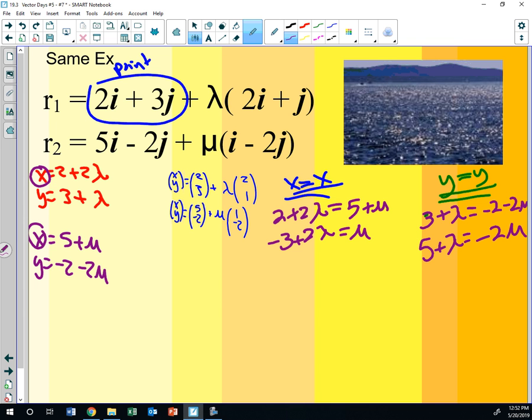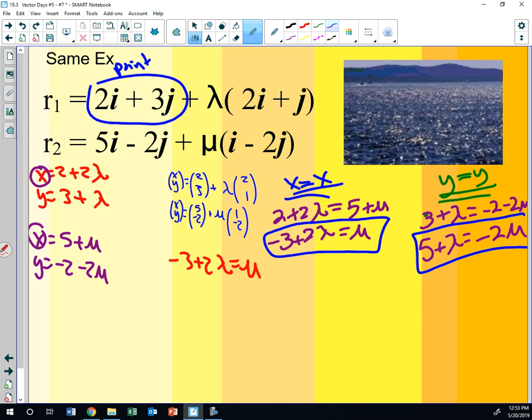Oh, that's great. Why is that great? Because we have two equations now and two unknowns. We can write these: negative 3 plus 2 lambda equals mu, and 5 plus lambda equals negative 2 mu.